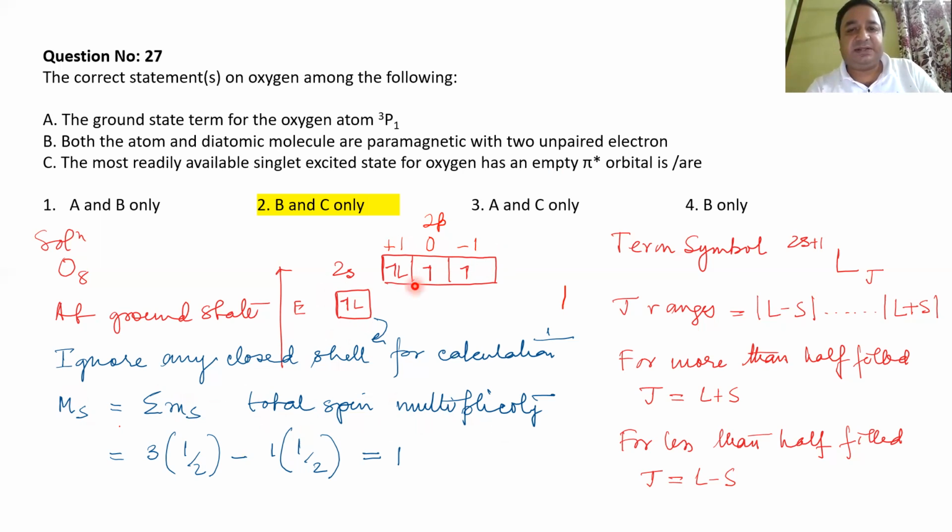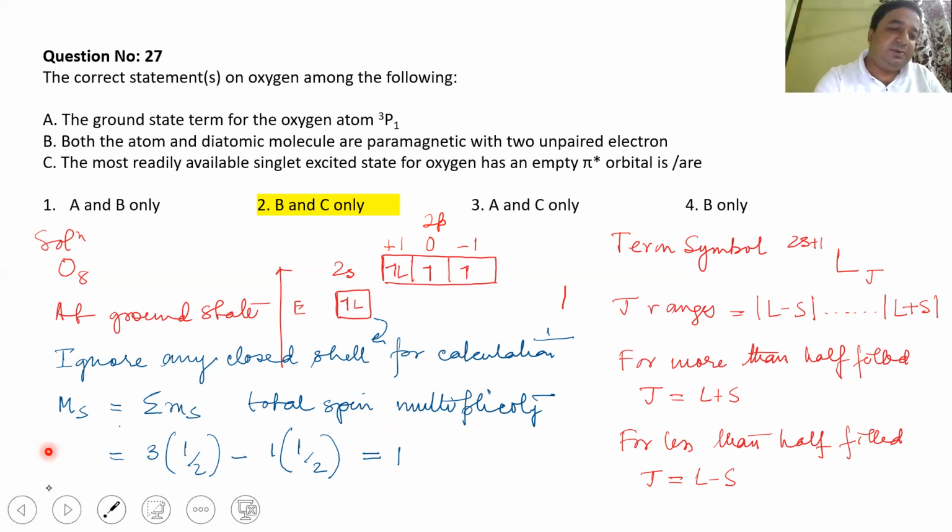Now we see that we have up arrow spins as 3, so that is 3 into half, and down arrow spin as 1, so minus 1 into half, and that gives us S as 1.